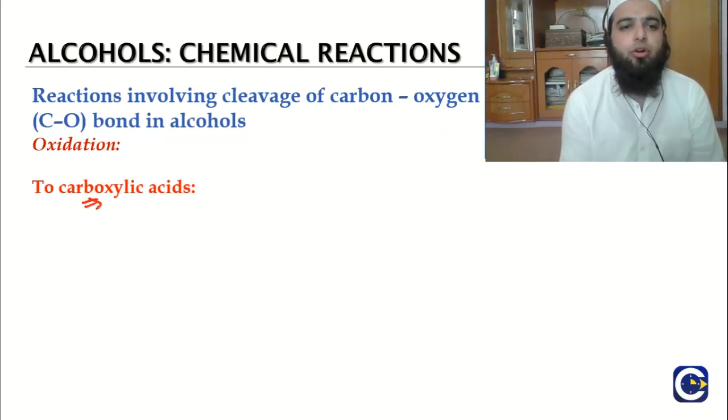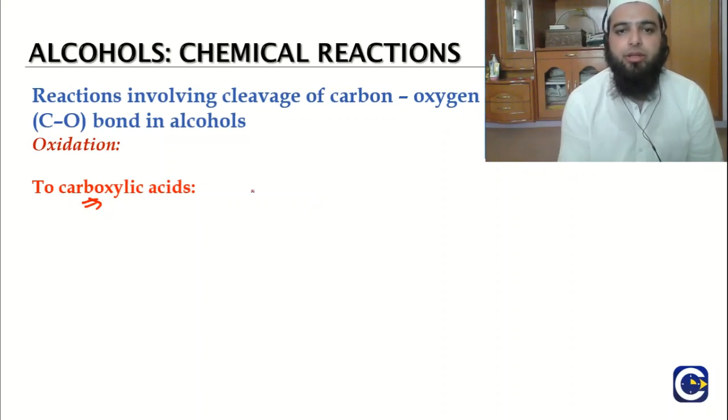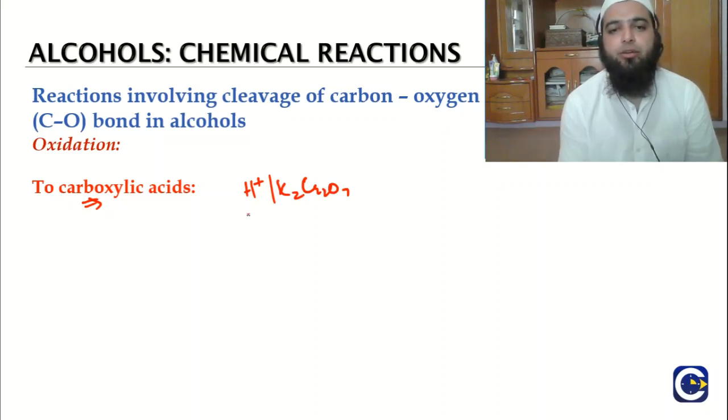If we want to oxidize the alcohols to carboxylic acids, then we have to use strong oxidizing agents, as I already told. For the oxidation of alcohols to carboxylic acids, we use strong oxidizing agents such as acidified potassium dichromate, K2Cr2O7, or acidified potassium permanganate.